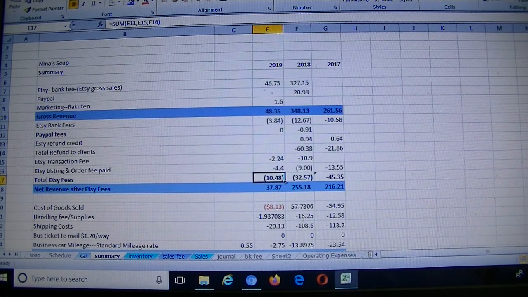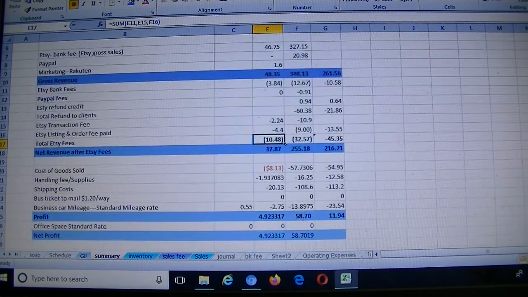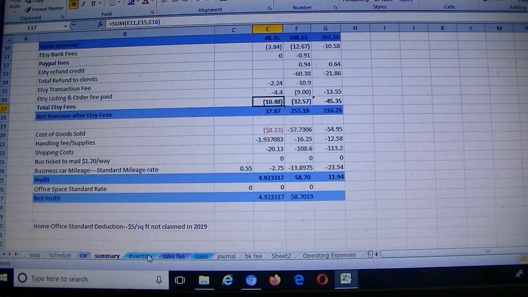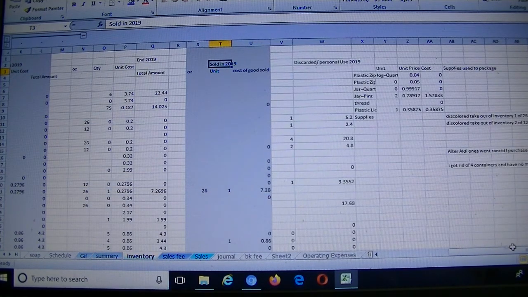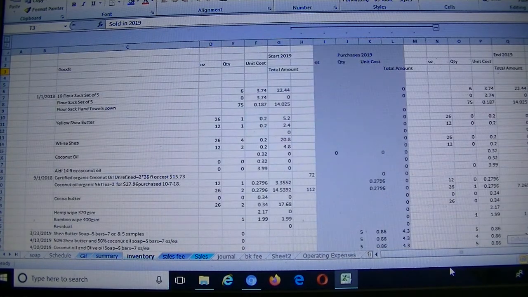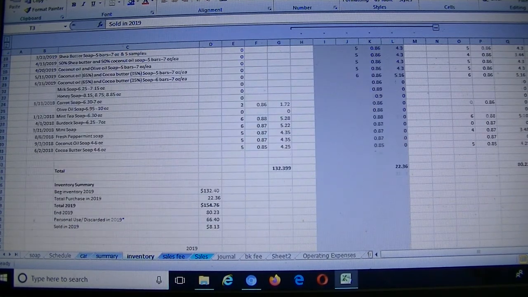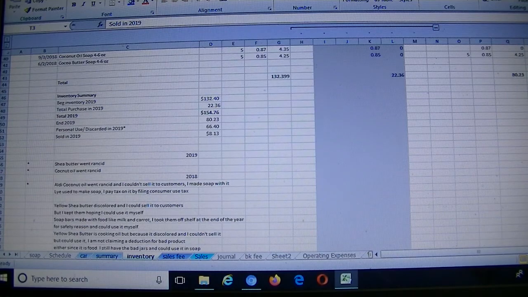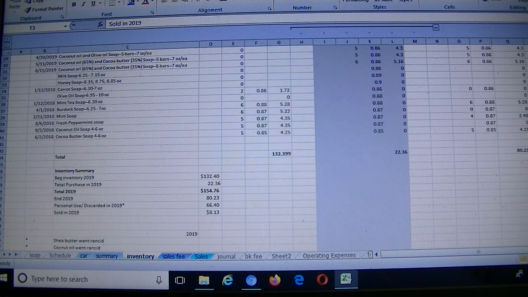So when we come down, we have our inventory sheet that we talked about earlier, and we summarize it at the bottom of this spreadsheet. Let me put it in yellow here.